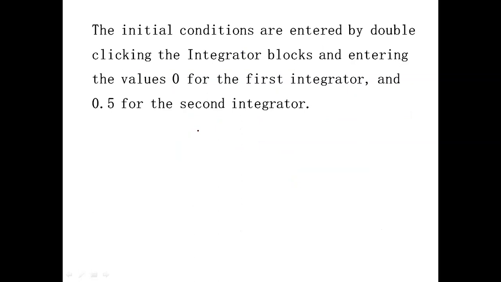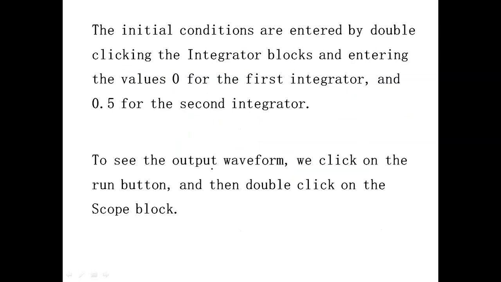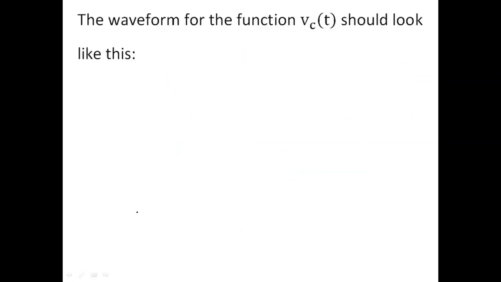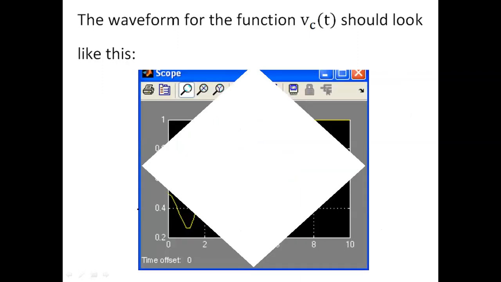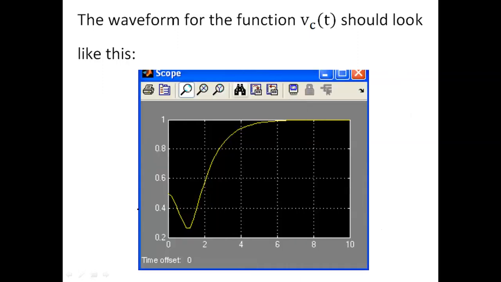The initial conditions are entered by double clicking the integrator blocks and entering the values 0 for the first integrator and 0.5 for the second. To see the output waveform, we click on the Run button and then double click on the scope. After doing that, we expect the output should look like this. So this is the simulated output of VC.